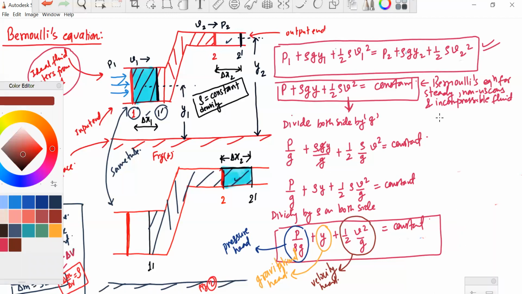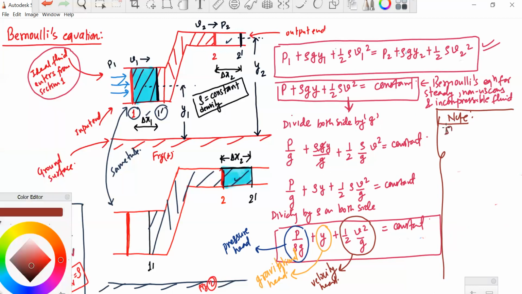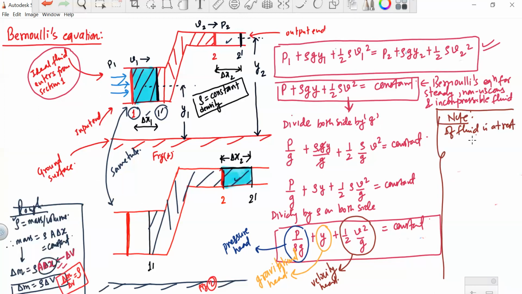Now let us do some cases. If the fluid is at rest, because initially we considered fluid in motion, then V1 equals V2 equals 0.